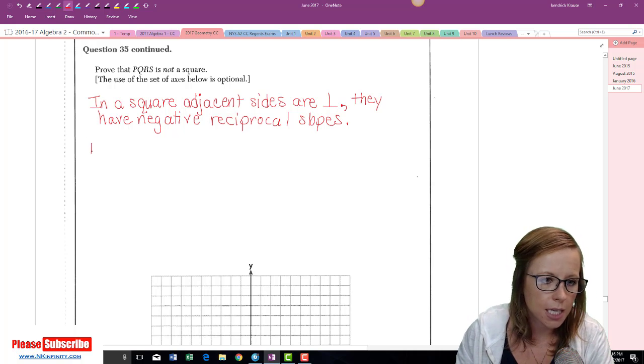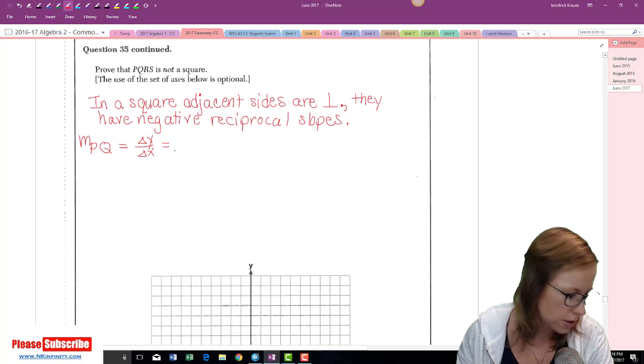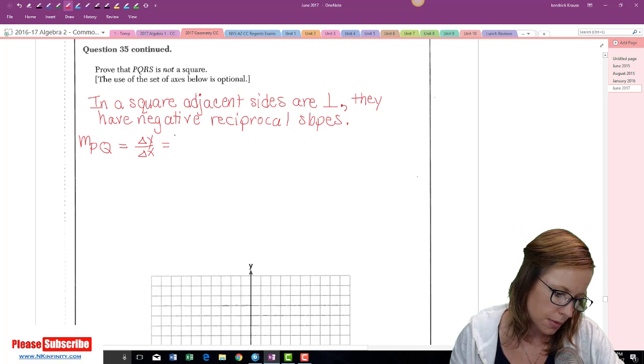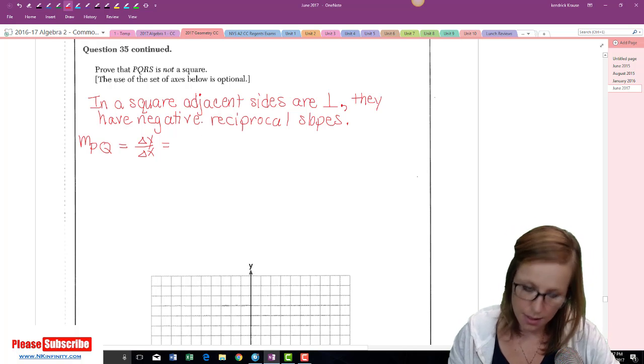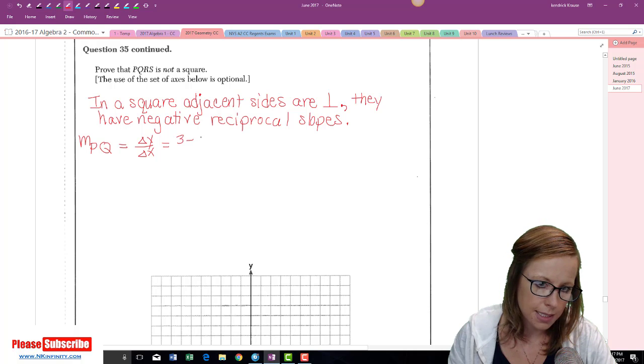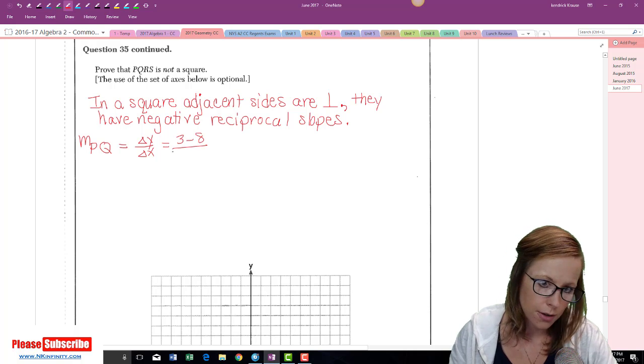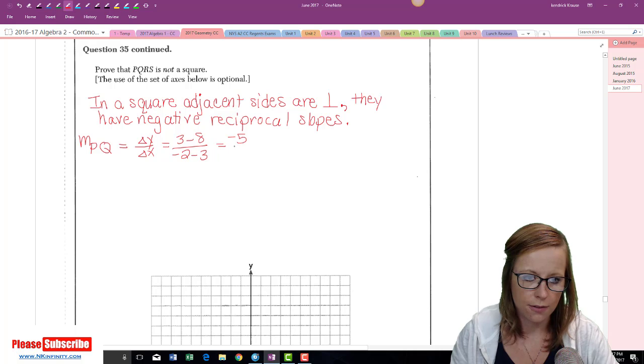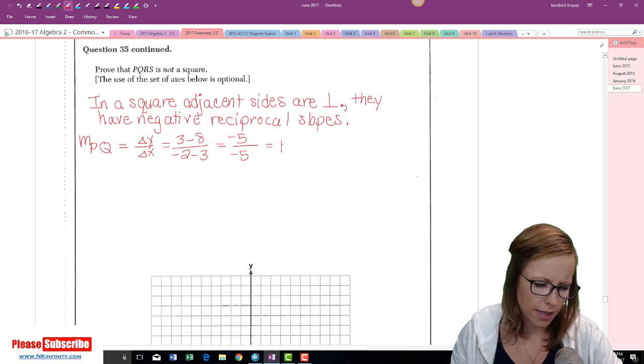So the slope from P to Q, change in Y over change in X. I like to write that just so I don't get confused. P to Q: 3 minus 8 over negative 2 minus 3. That would be negative 5 over negative 5, which is a slope of 1.